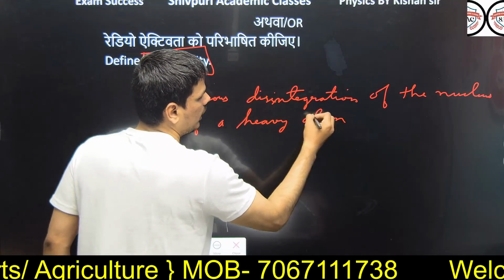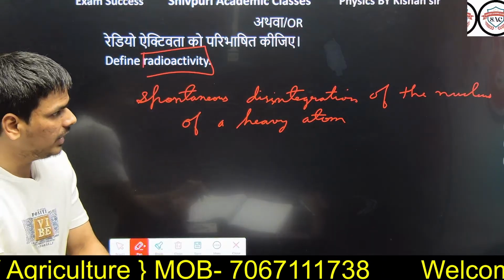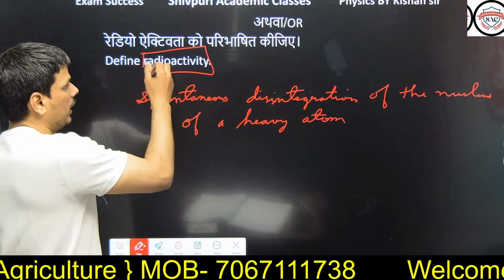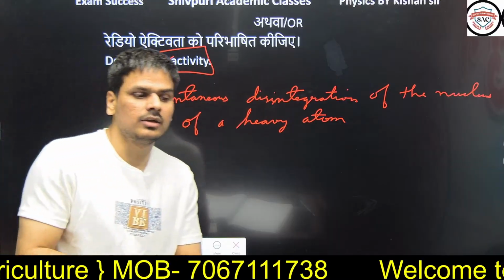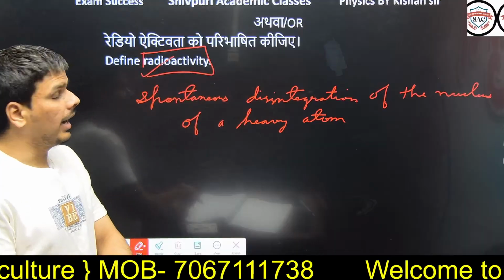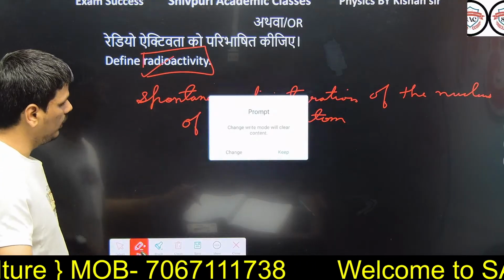Its nucleus will spontaneously disintegrate, and this activity is known as radioactivity, and it releases particles like alpha particles and gamma rays. Okay, so this is known as radioactivity.